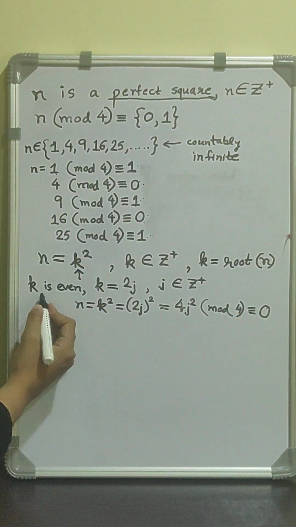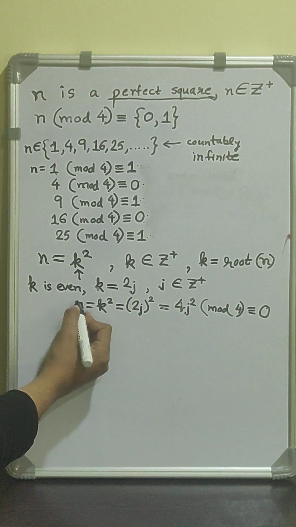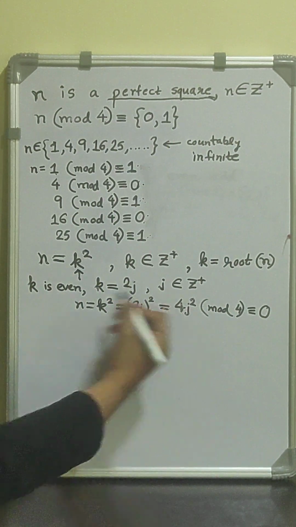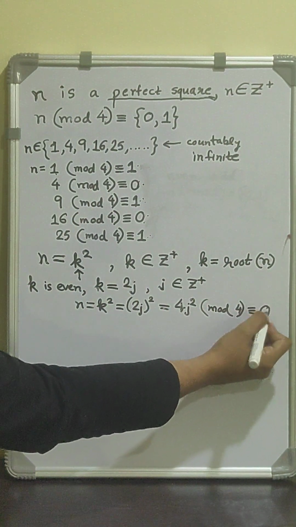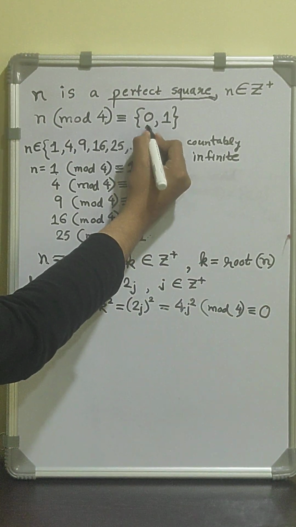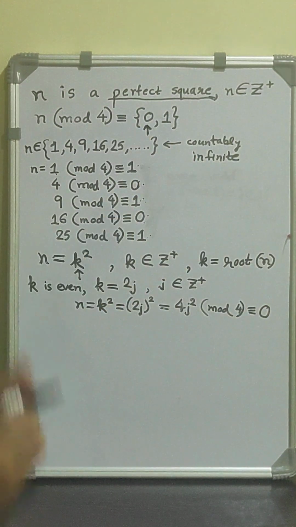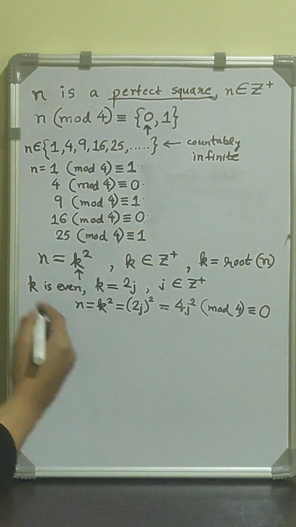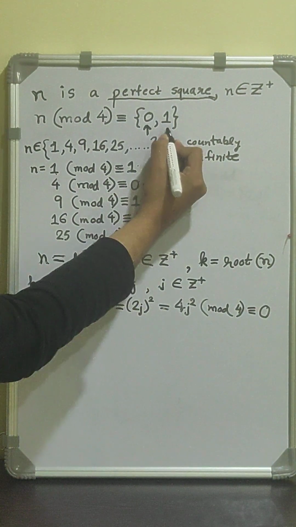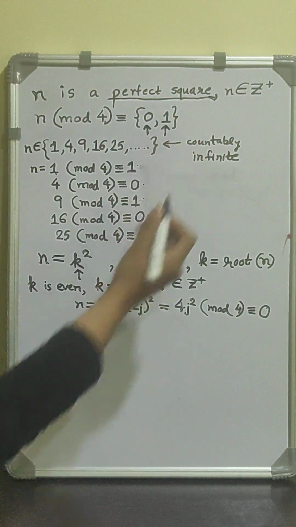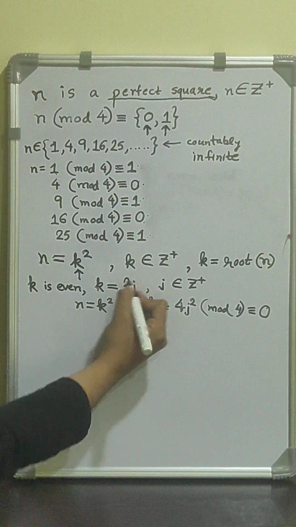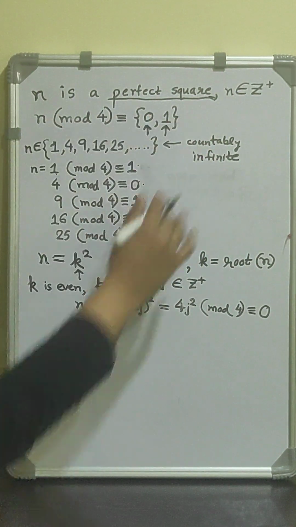So we can say that if k is even, then n mod 4 is identically 0. This part is done. So intuitively, we might feel that if k is odd, we should get 1. That's what you feel, but that's what we still need to prove now. And then we would be completely done.